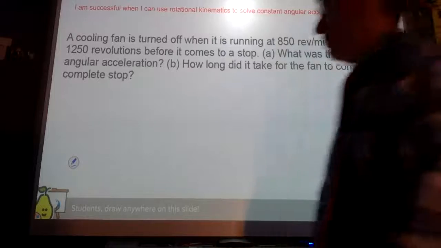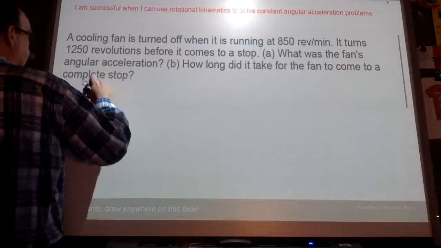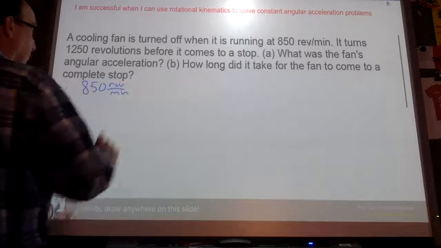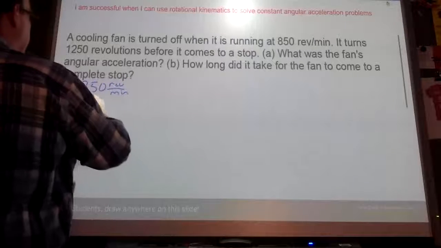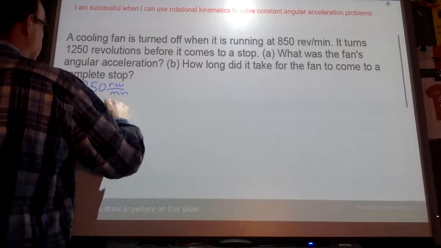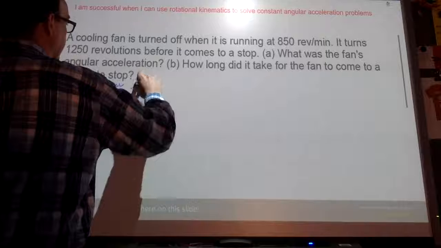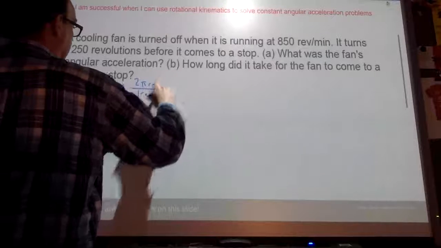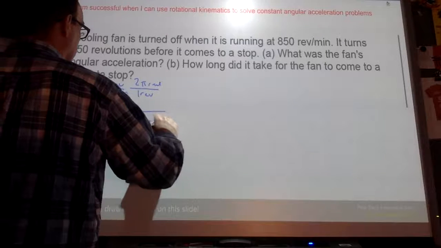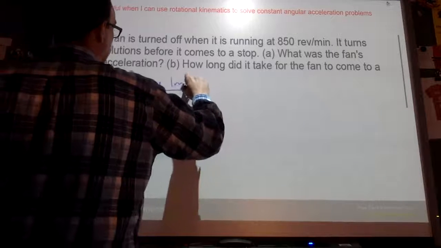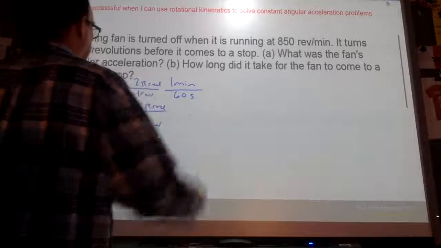All right, so let's convert. I'm going to take 850 revolutions per minute, and I'm going to take 1250 revolutions. And I'm going to say that 1 revolution is 2 pi radians, and 1 minute is 60 seconds.